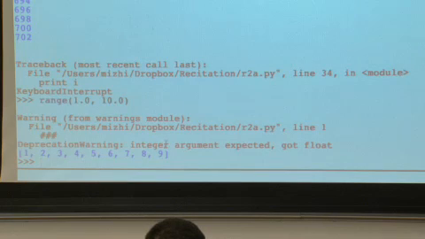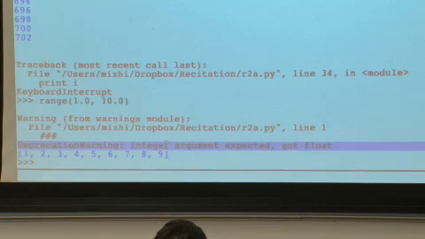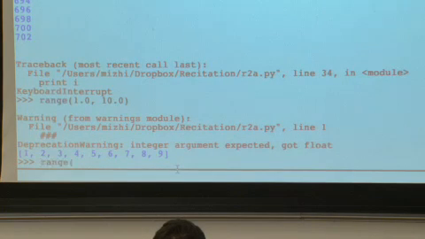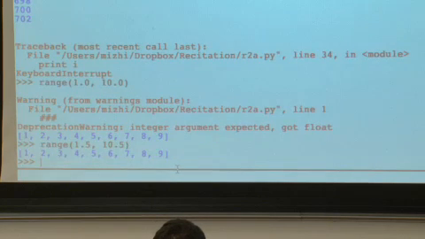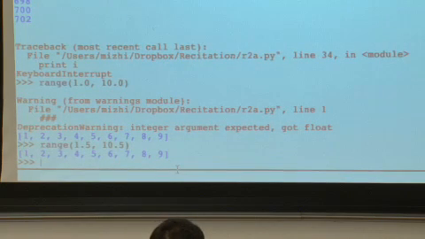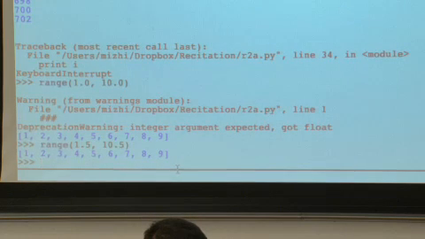But it also gives us a warning. It says that an integer argument is expected. And so let's say I do this. Will this work? Well, what it's going to do is truncate the floats. So it's going to truncate the start to 1, and it's going to truncate the end to 10. And then it'll just return the integers as required. So you can, but it doesn't work the way you think it would.